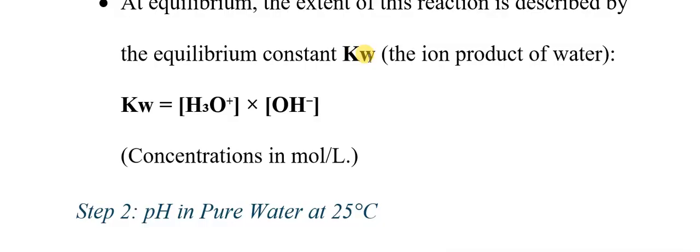We know that Kw is equal to the hydronium ion multiplied by the hydroxyl ion. We can write the hydronium ion as H positive, in other words, just protons.